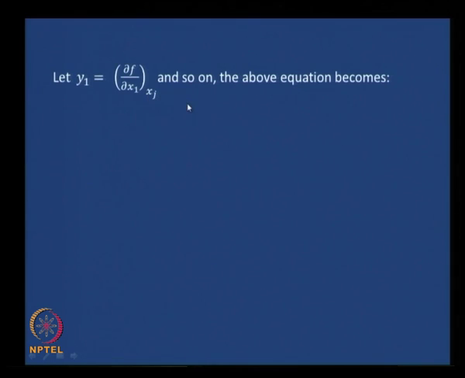If we do that, then we can write the previous equation as df equals y1 dx1 plus y2 dx2 and so on till yk dxk. Let us call this equation 224.